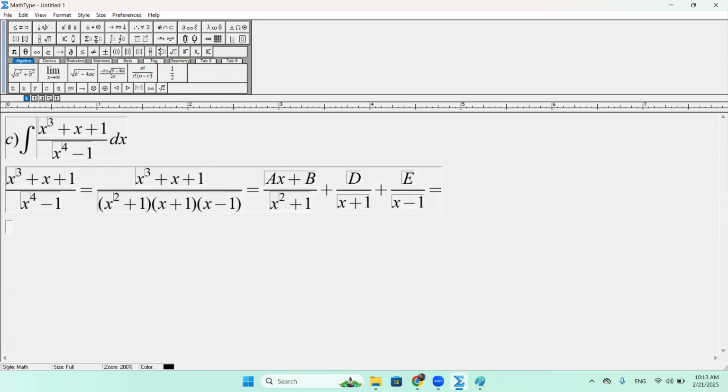And then doing the same actions, we just find the common denominator.